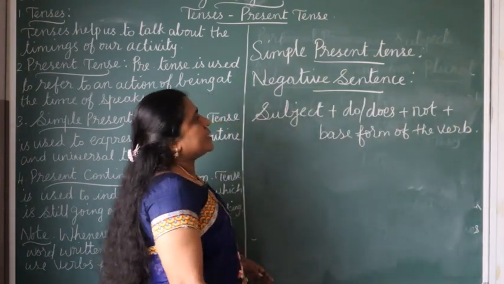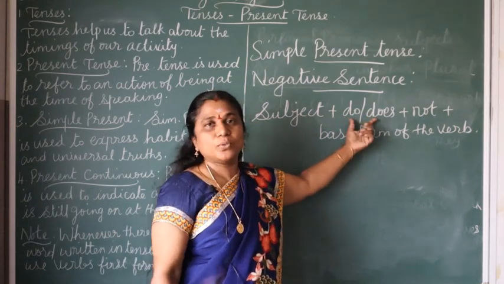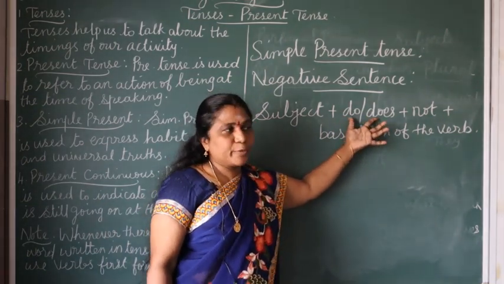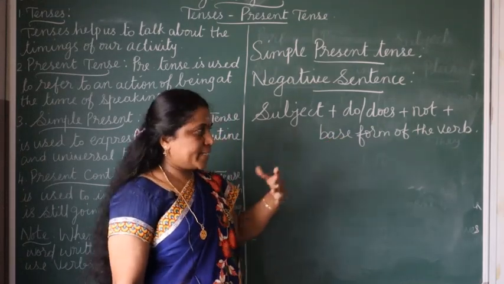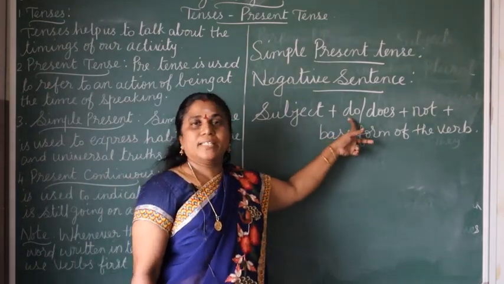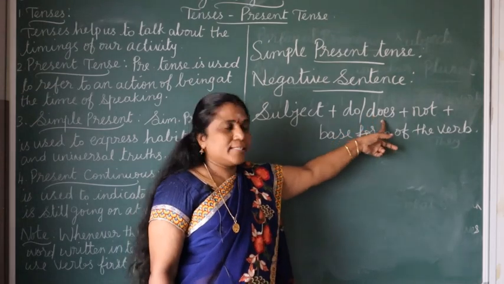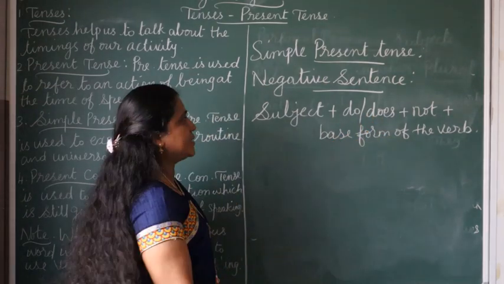In simple present tense, we use do or does to frame negative sentence and interrogative sentence. Do is used with the plural subject and does is used with the singular subject.